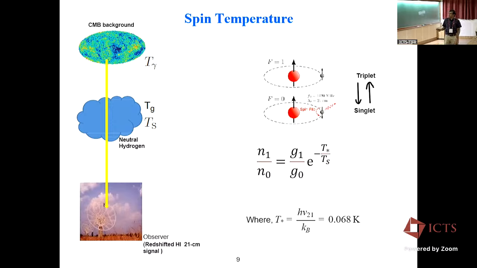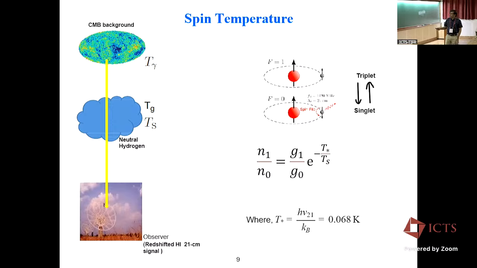So if you take the ratio of N1 and N0, where N1 is the number density of hydrogen atoms in the triplet state, and N0 is the number density of hydrogen atoms in the singlet state, and write it in terms of Boltzmann equilibrium, N1 by N0 is equal to G1 by G0 e to the power T star by Ts, right? If you write it in that fashion, then this Ts is called the spin temperature, right?